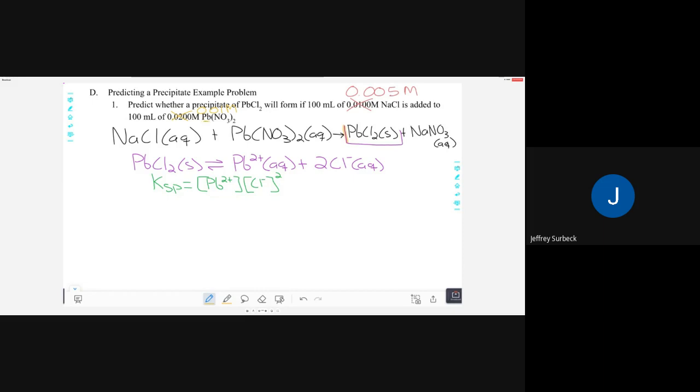Pb is going to be connected right here. So in place of this Pb, we can actually put 0.01 as our number. Okay? Now, very good. The 0.005 is connected to our Cl. So we can plug that right in.